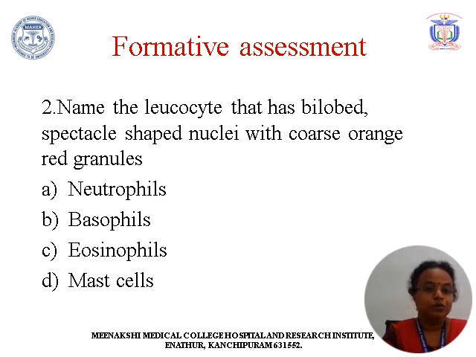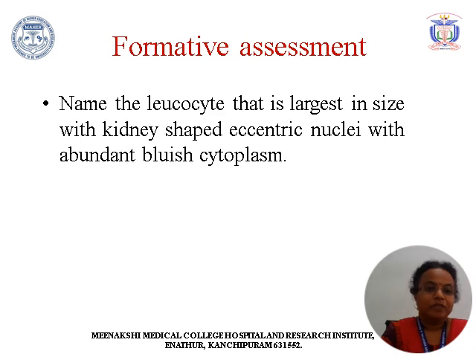So kindly note the coarse orange-red granules. Yes, very good. It is eosinophil. Name the leukocyte that is largest in size with kidney-shaped eccentric nuclei with abundant bluish cytoplasm. So here the catchy word is largest in size. Yes, correct. It is monocyte.